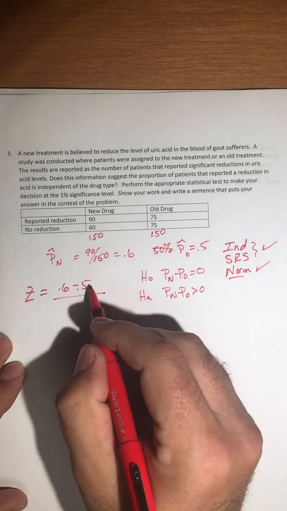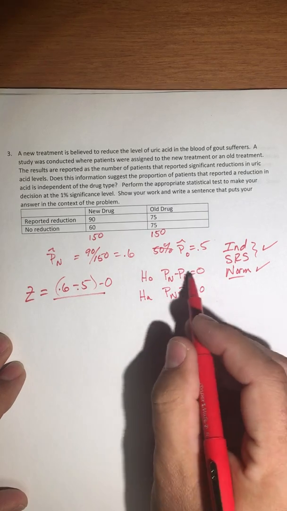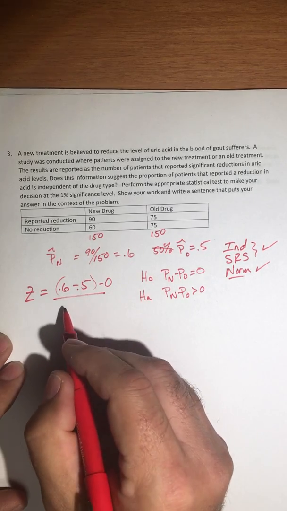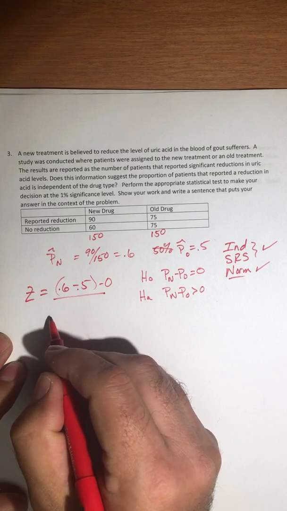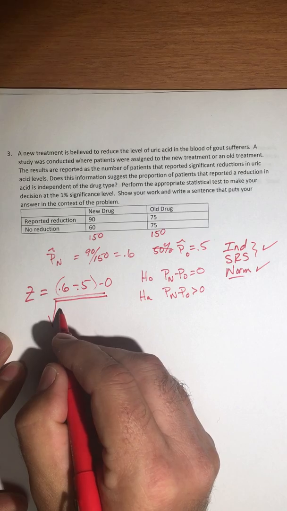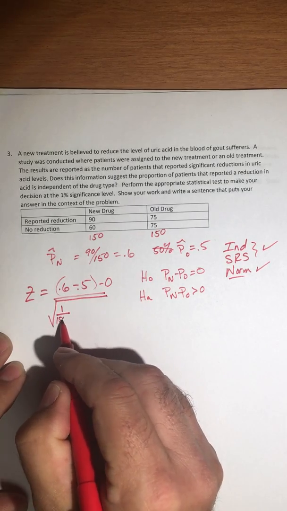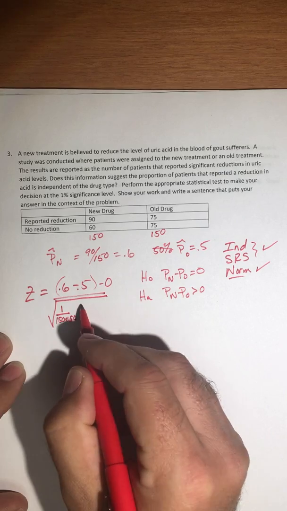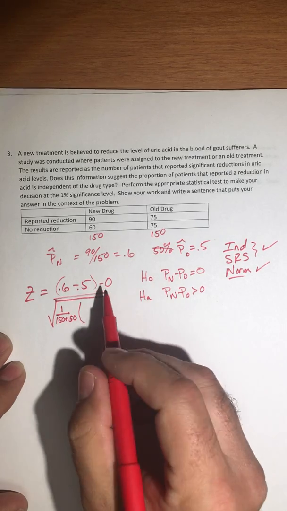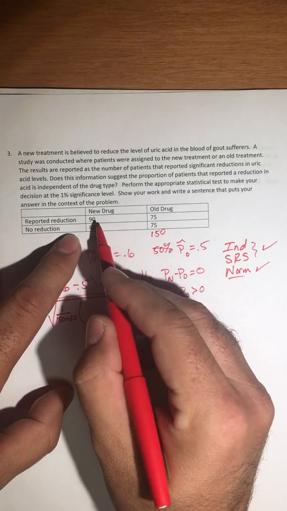0.6 minus 0.5, so there's what I observed minus what I expected, which was nothing, right, because of the null, divided by the standard deviation. So what do we have here? We've got 1 over 150 plus 1 over 150 times p combined and q combined. So what do we have for p combined here?